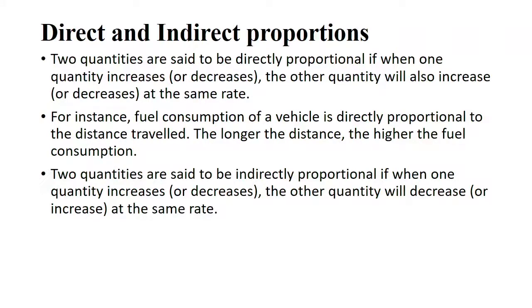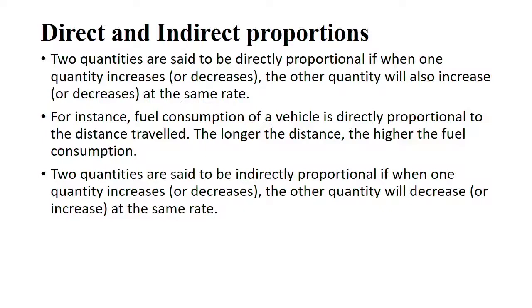On the other hand, indirect proportion, we say that two quantities are indirectly proportional to one another if when one quantity increases, the other quantity will decrease at the same rate. While when one quantity decreases, the other one will increase at the same rate, which means they are indirect.